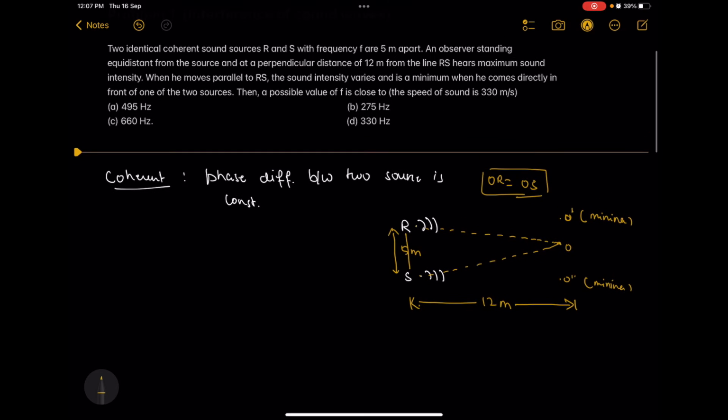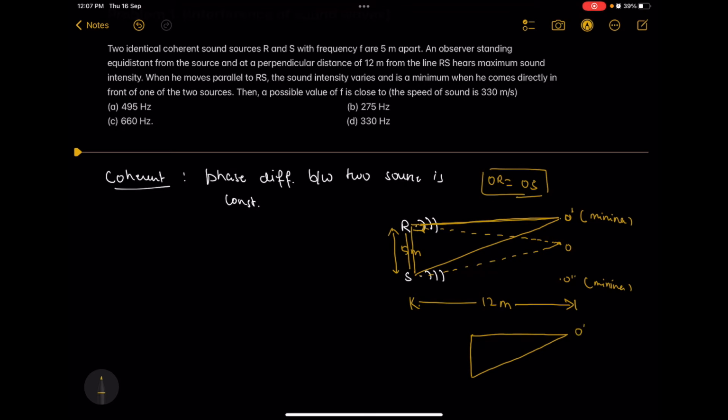Let's make a diagram. We already have a diagram, but let's make it a bit better. Let me join it. It's going to be perpendicular.